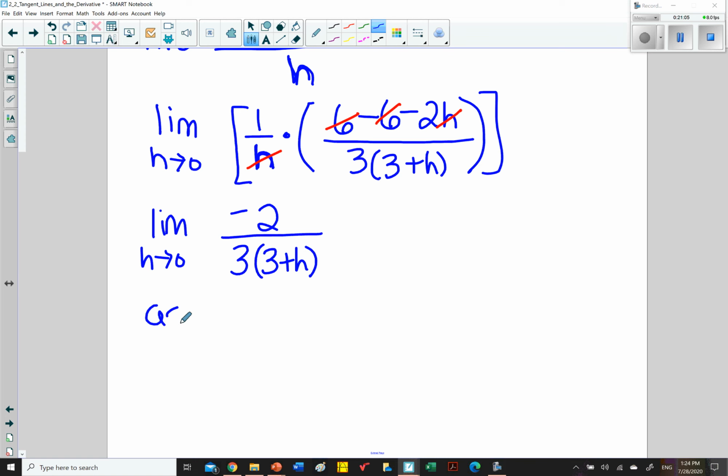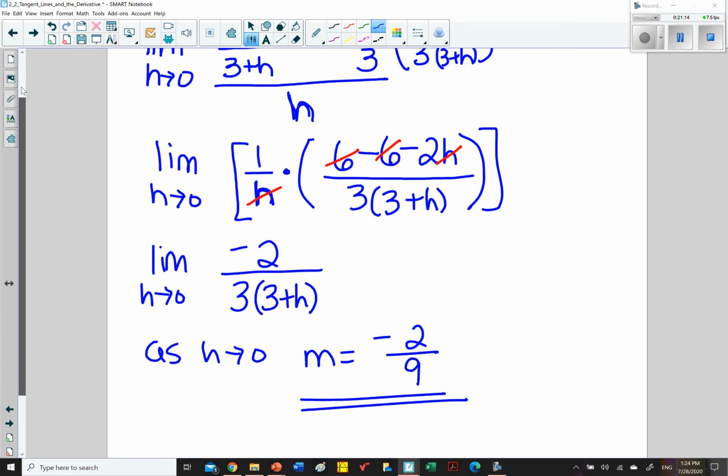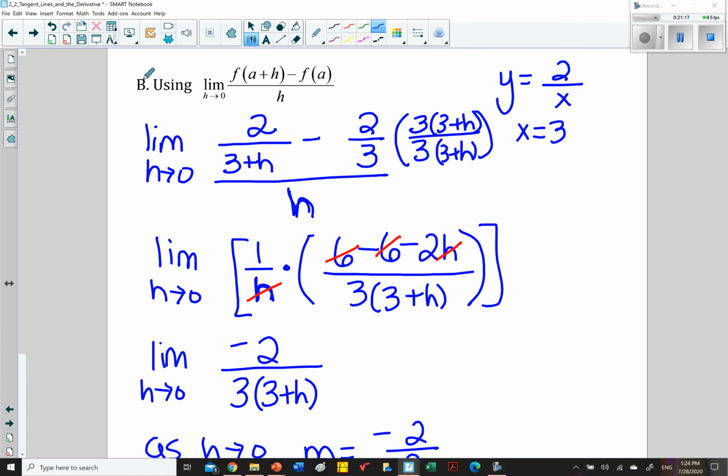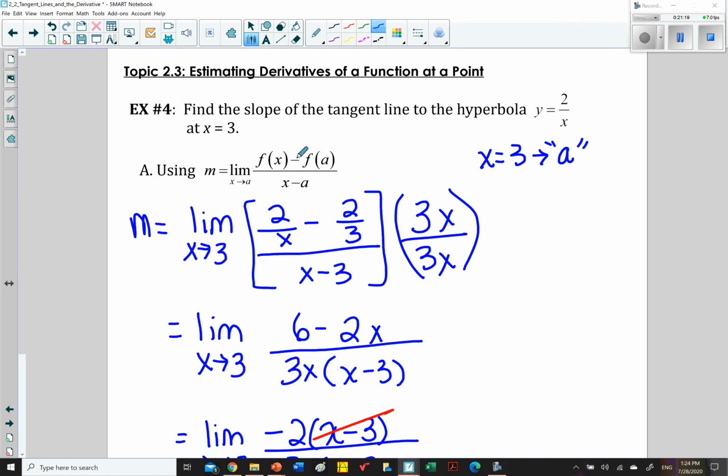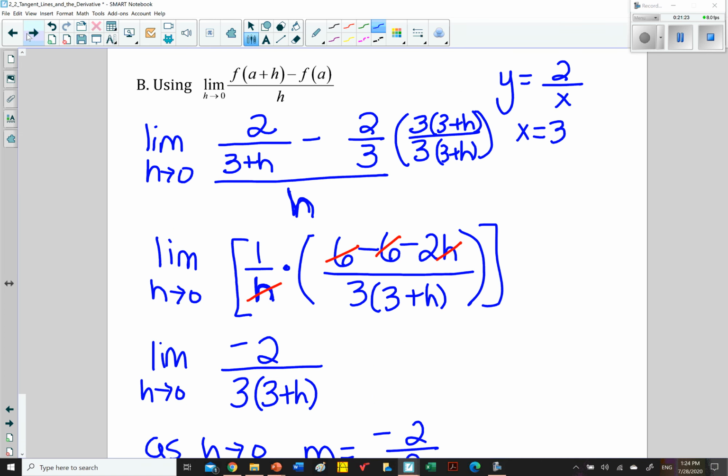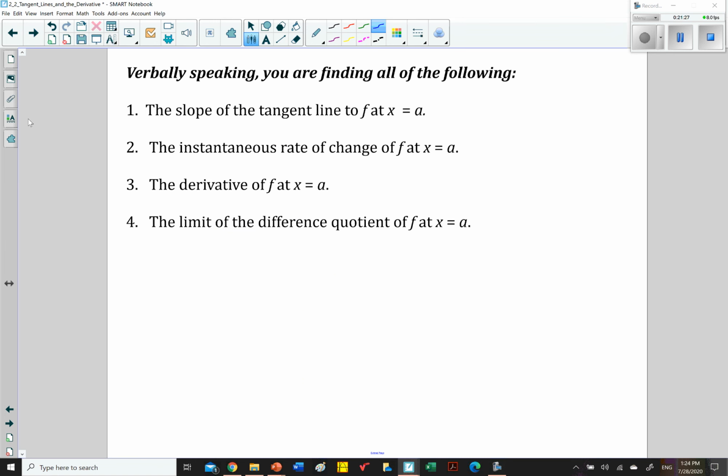So as h approaches 0, our slope is approaching negative 2 over 9. So whichever method you prefer, whether it's this formula here or the one we did on part A, as long as you follow the rules, you won't have any problem. You get the same results.